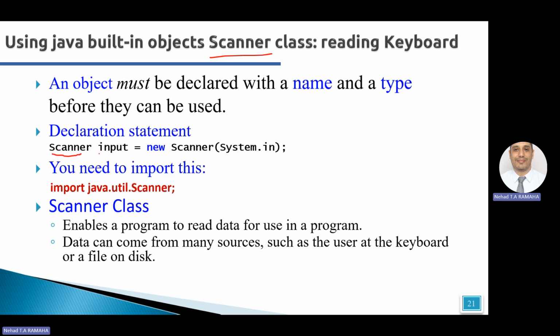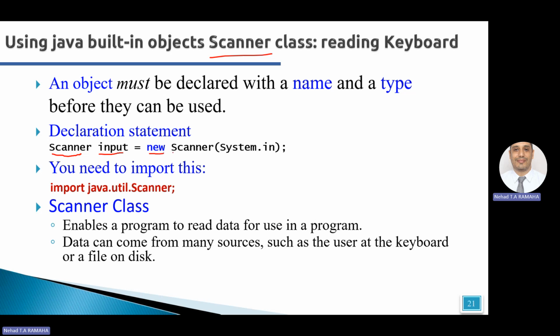So we will set Scanner as a class. This class, we don't create it. It's inside the library of Java. We can create objects. Name it input, name it in, name it read, name it scanner. You can name it anything. So you create an object, and for any object we use a constructor, yes?